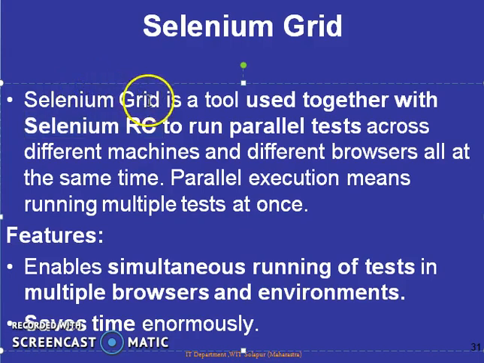So this Selenium Grid tool is used along with Selenium 1 or Selenium RC to run parallel tests across different machines and different browsers. Okay, so you have to keep in your mind, different machines and different browsers all at the same time.